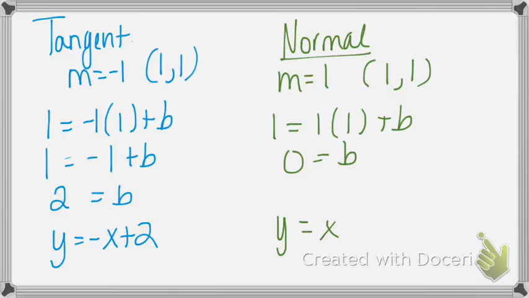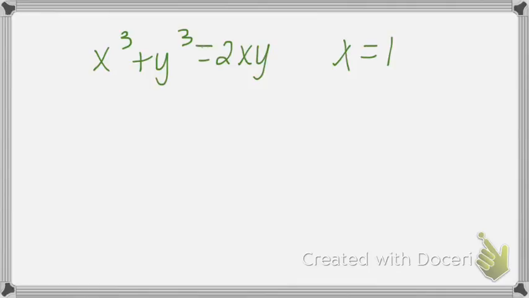Now, on this problem, it is possible that they would have said, here's the equation, and they might have said, find the tangent at x equals 1. Well, in order for me to do that, I would have to know the y value, because the equation of the derivative has a y in it.